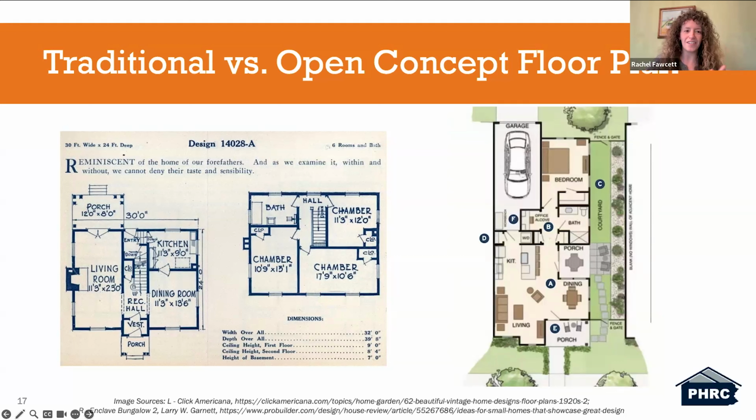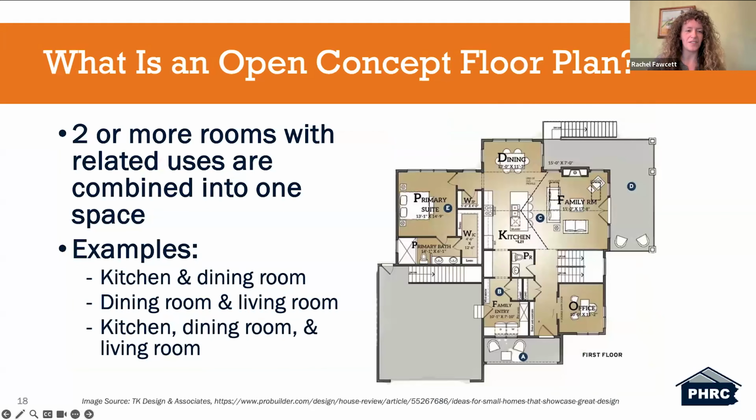So now that we've identified a few things that we've noticed, let's jump into the open concept floor plan. A pretty general definition for this is that we're seeing two or more rooms with related uses being combined into one space. Typically, the rooms that are utilized in this concept are the kitchen and dining room, the dining room and living room, or the kitchen, dining room, and living room in sort of a great room concept.